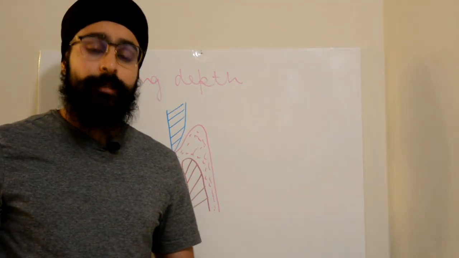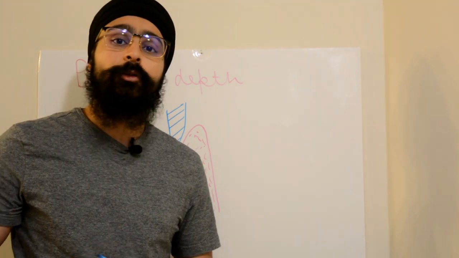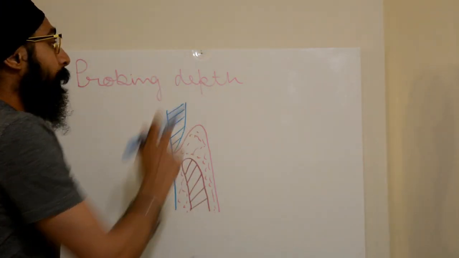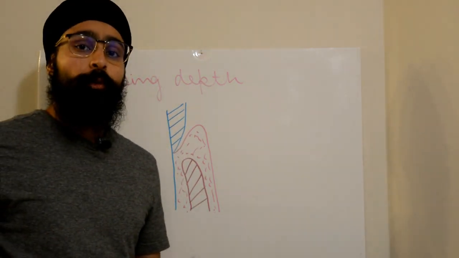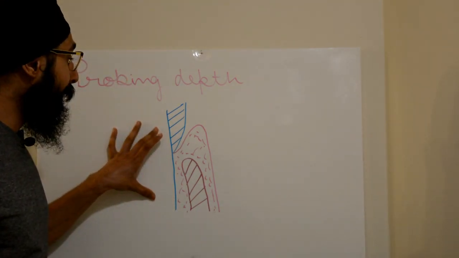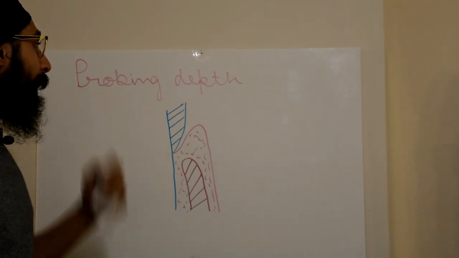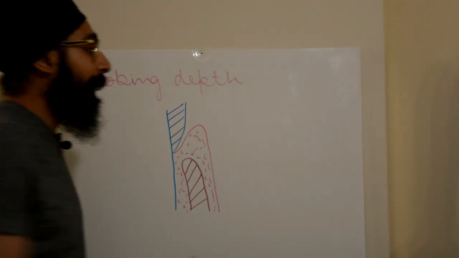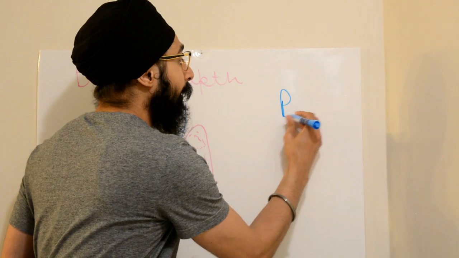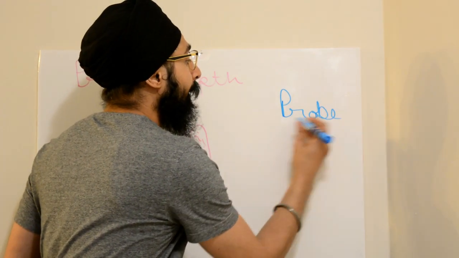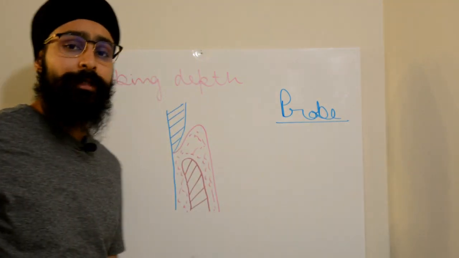Friends, the first term that I want to discuss with you is probing depth. To explain probing depth, I have made a rough diagram for you. Of course, when we have to measure the probing depth, we use a dental instrument called a dental probe. Dental probes are of various types, Williams probe, UNC probe.